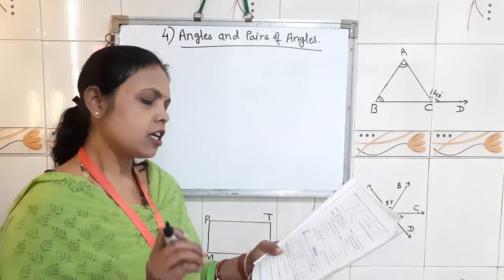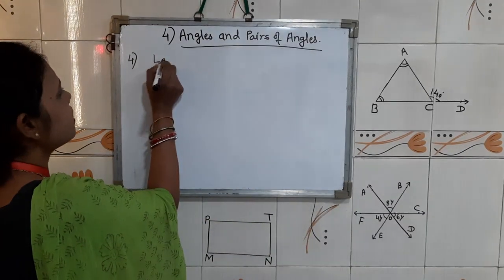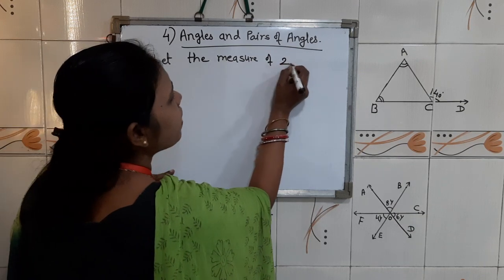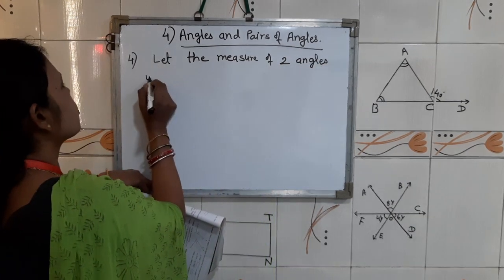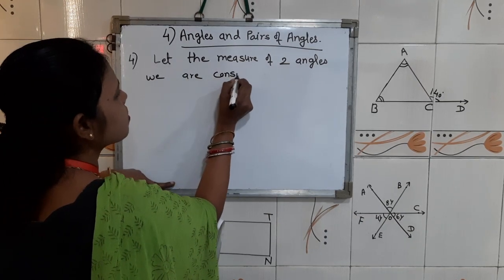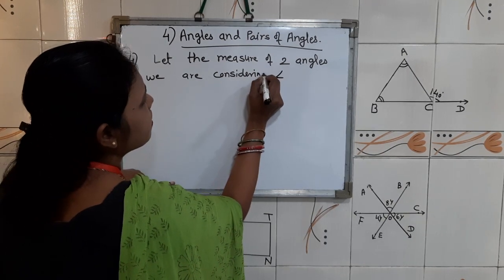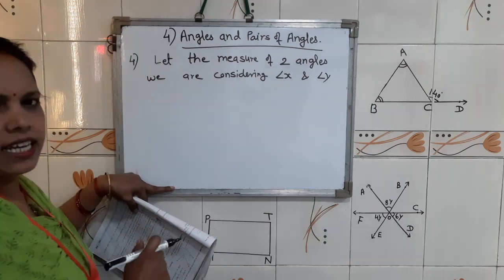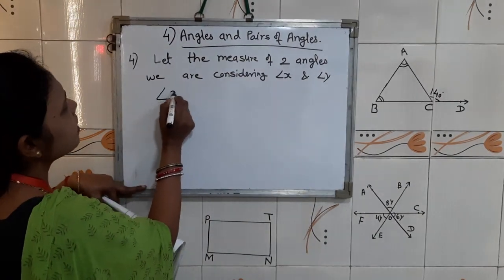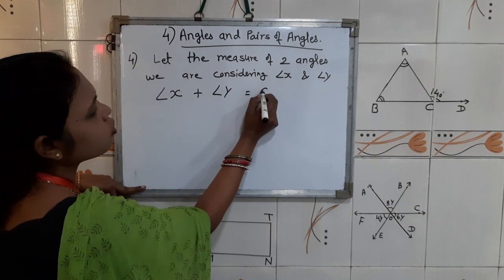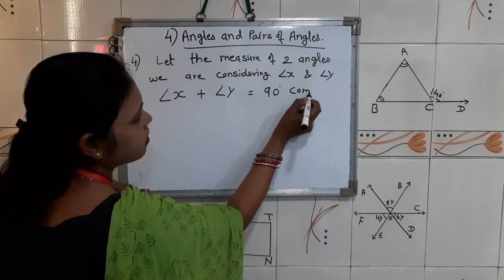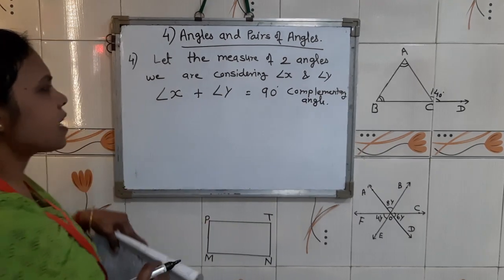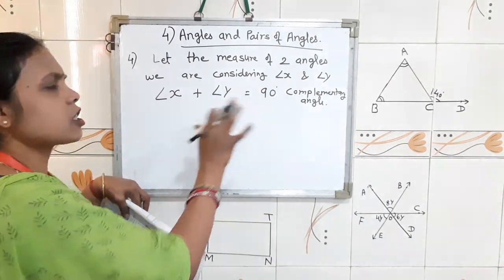degrees. So here, let the measure of the two angles we are considering be angle X and angle Y. Therefore, angle X plus angle Y equals 90 degrees, because they are complementary angles. Now, the difference between these two angles is given as 40 degrees.